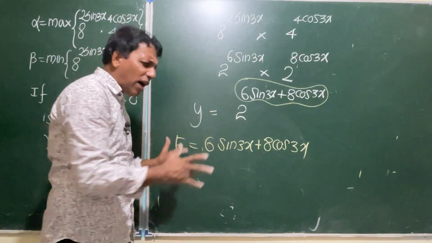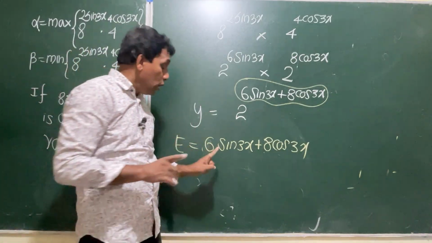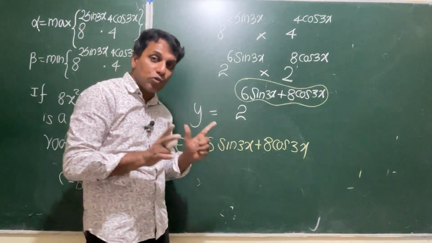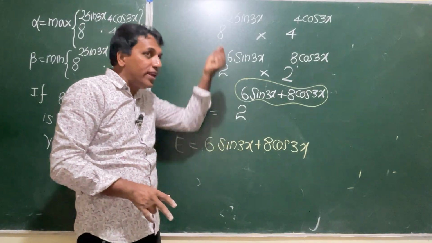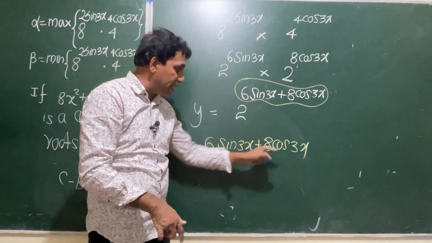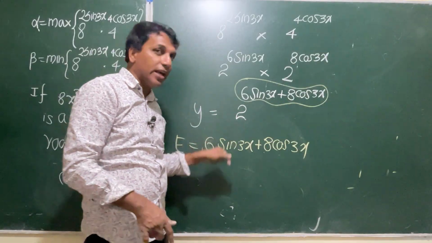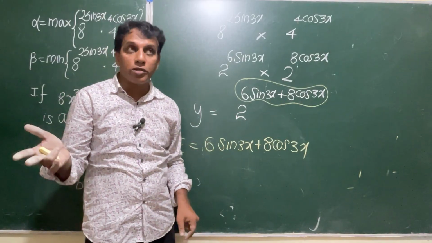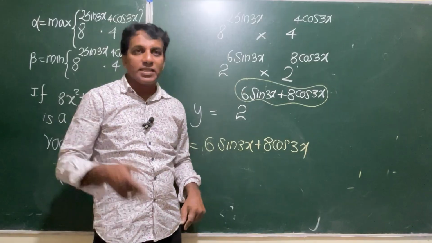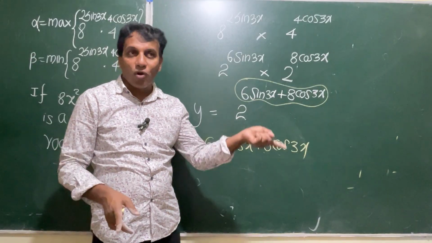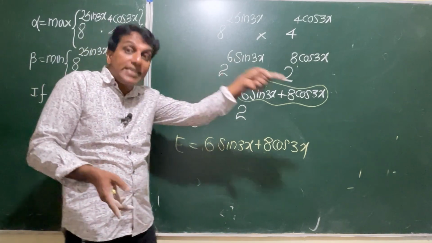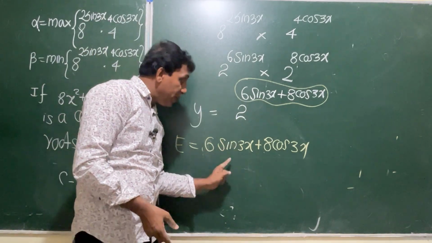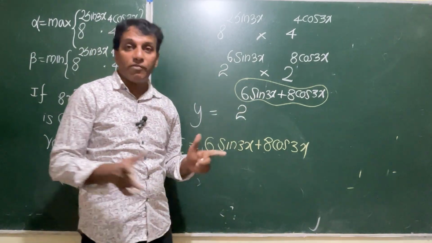So here you can't directly find the maximum, minimum, because when sine is increasing, cos is decreasing. For example, sine 0 is 0, cos 0 is 1; sine 90 is 1, but cos 90 is 0; sine 30 is half, cos 60 is half. So sine increases, cos decreases, you can't find it.